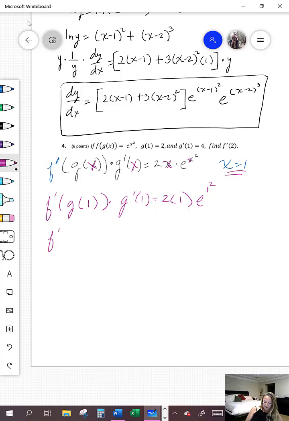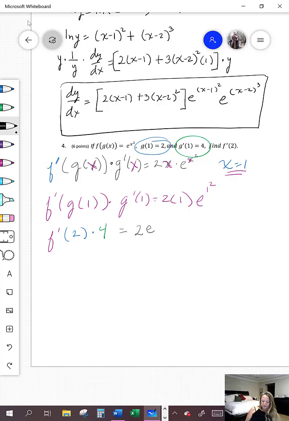So f prime, well, g of 1, we're given g of 1 is 2. So f prime of 2 times g prime of 1, well, we're given g prime of 1 is 4. This has to equal 2 times e raised to the first squared, which is just 2e.